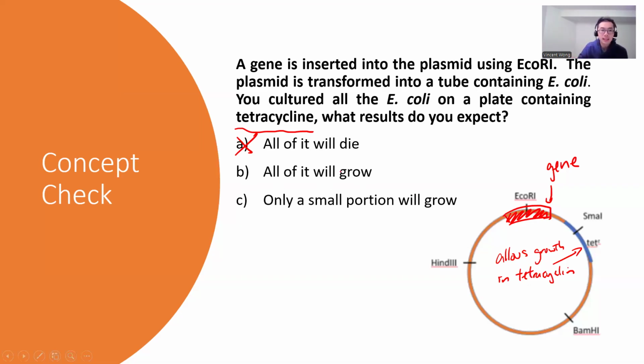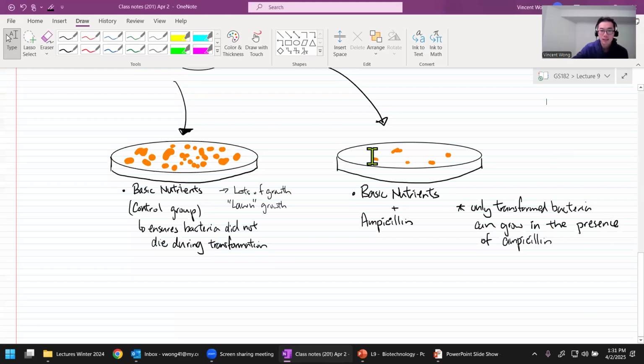Not necessarily, because let's say you feed it to 100 bacteria, it's not going to be 100 that get transformed, right? Only some of them will get transformed. So the correct answer is C. Only a small portion will grow, just like the picture I showed you. Only some grow, not all of it.